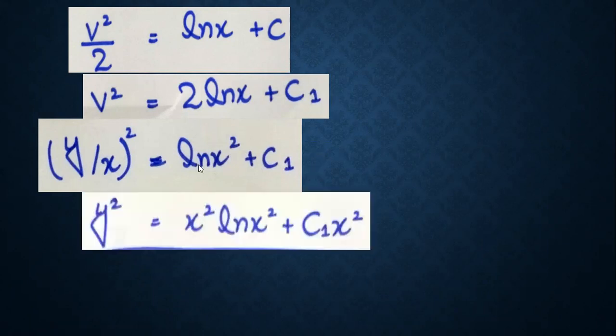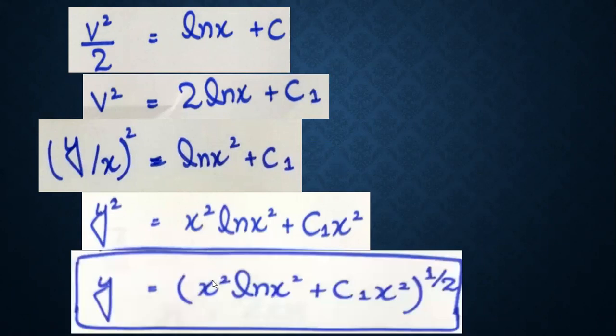If you want y square only, you multiply on the other side by x square, so y square is equal to x square natural log of x square plus c1 times x square. We want to find y, so you can take the square root on both sides, and you will have y is equal to the square root of x square natural log of x square plus c1 times x square. I have mentioned this as the power of 1 by 2.